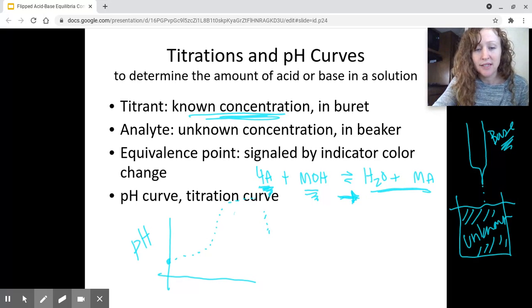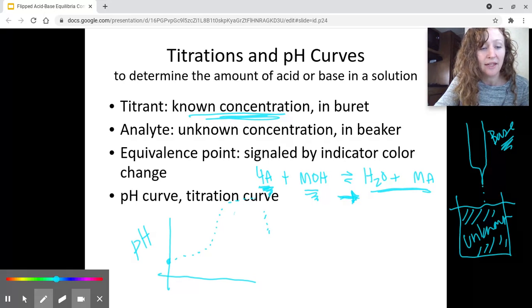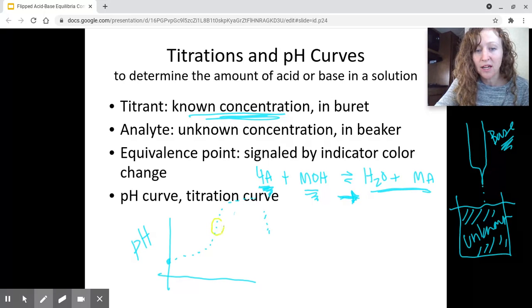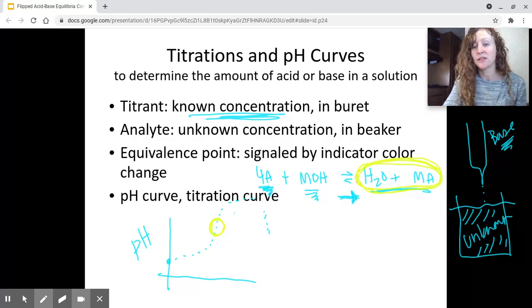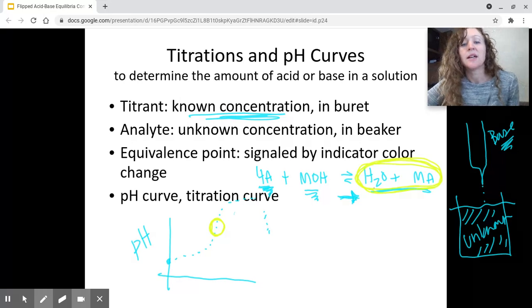By the end, when you have added enough base to neutralize all of the acid, the only thing you're going to have left in the solution is water and salt. The pH will depend completely on the water that's present and the salt that is present as well.